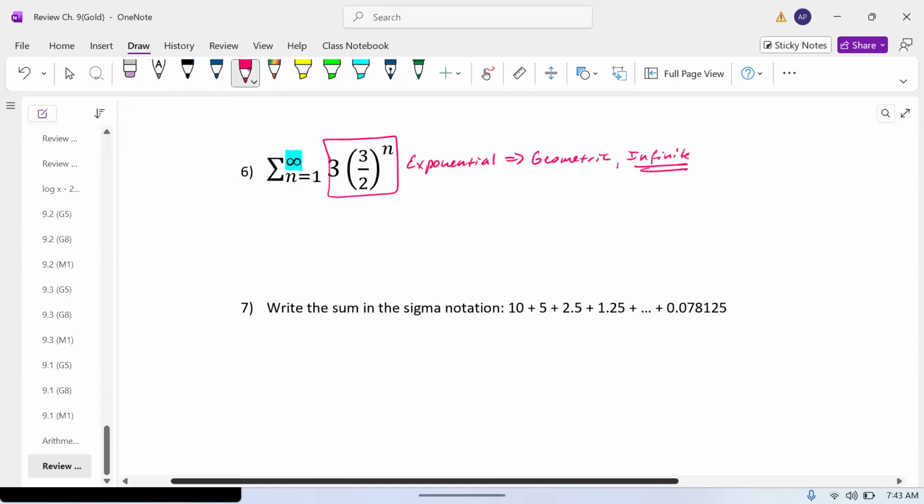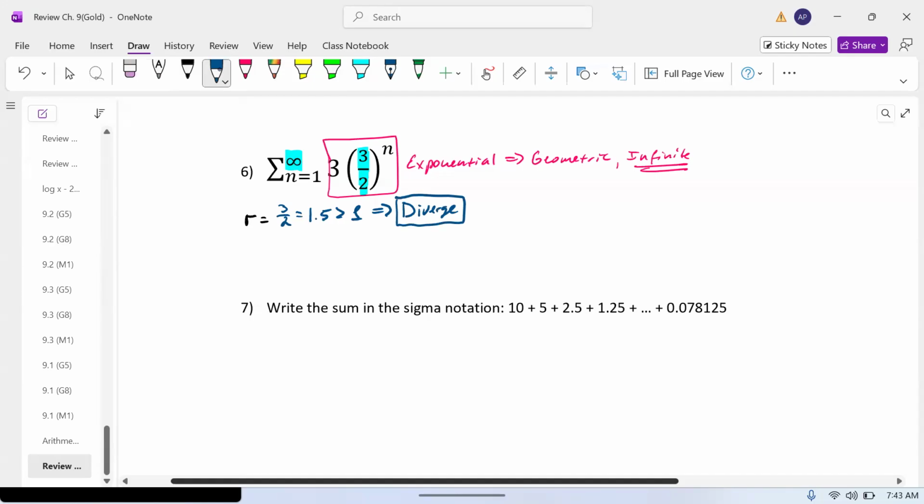So once again, if it is an infinite geometric series, we need to determine our r first, and our r is the base of the power, which is 3 over 2. Now 3 over 2, or 1.5, is clearly greater than 1. And if our common ratio is greater than 1 in an infinite series, then our series diverges.